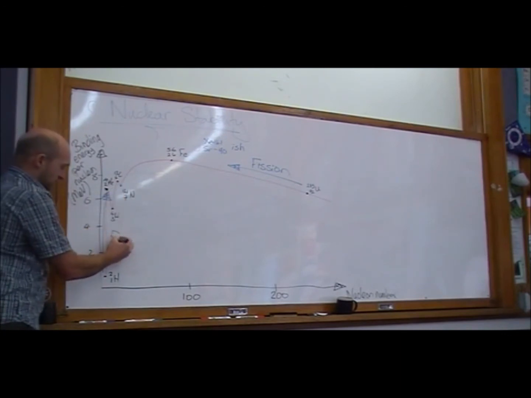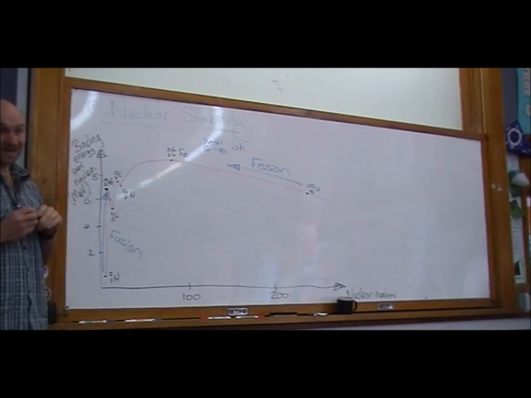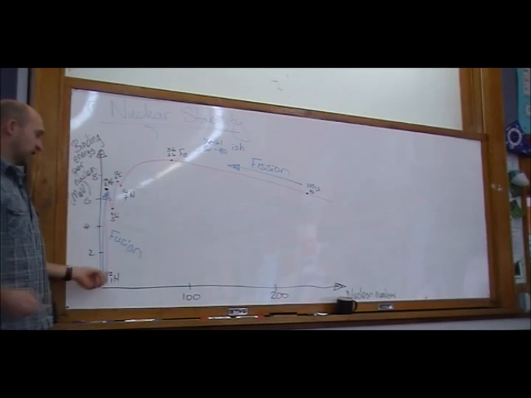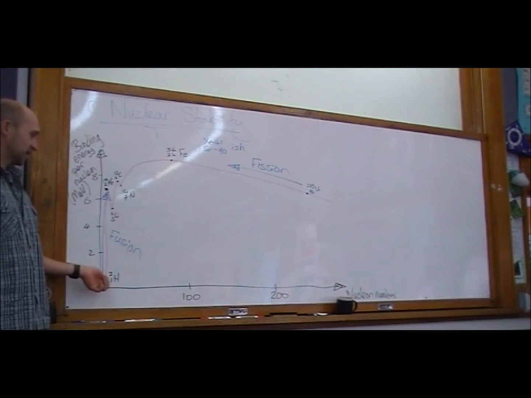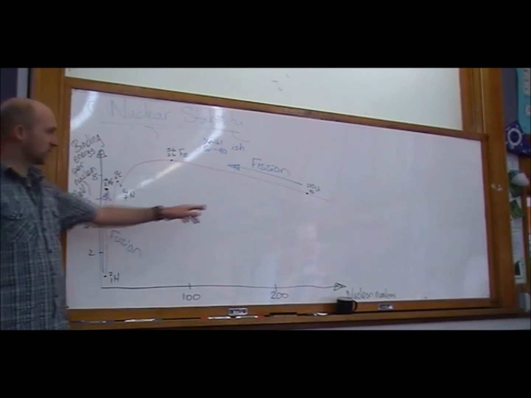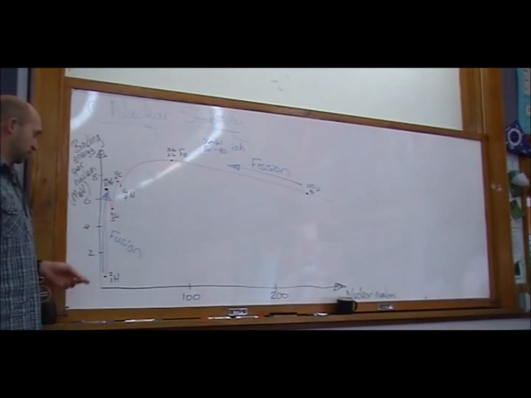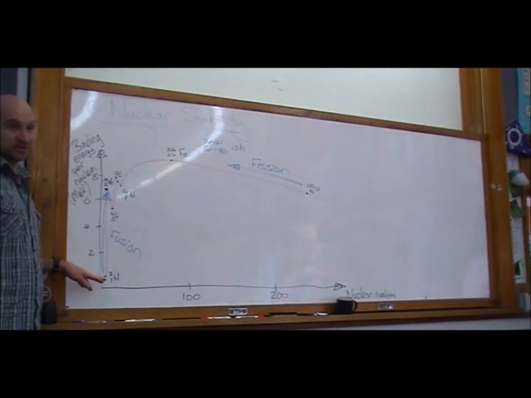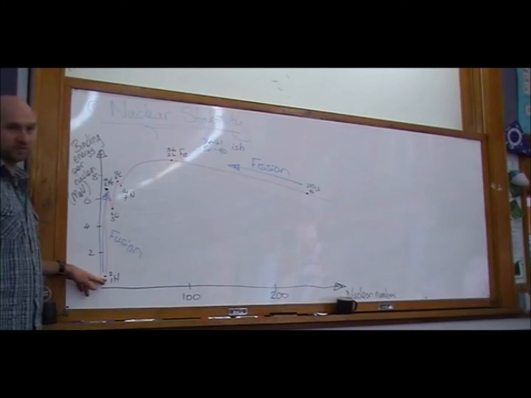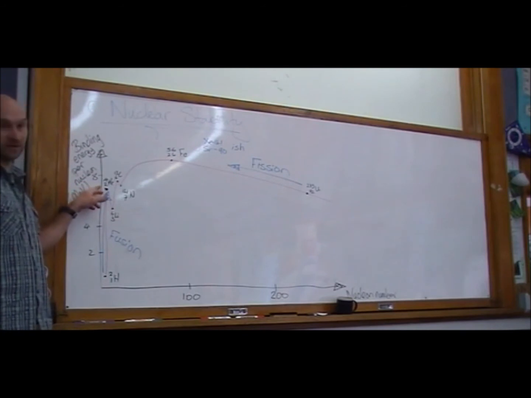So fusion is happening at that end of the diagram, and the amount of energy we get from a fusion reaction is humongous compared with what we can gain from a fission reaction, because if we start with heavy hydrogen, we're going from a binding energy per nucleon of around about 1 up to helium at around about 7.